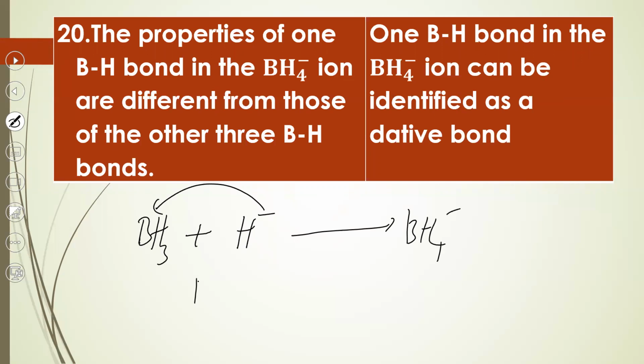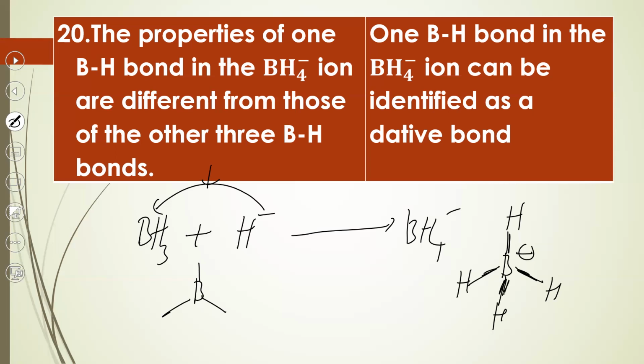This is trigonal; when it comes this way, boron becomes a tetrahedral shape. There is a minus charge on the boron atom. Net charge is minus. After it forms a dative bond, you can't separately identify a certain dative bond.